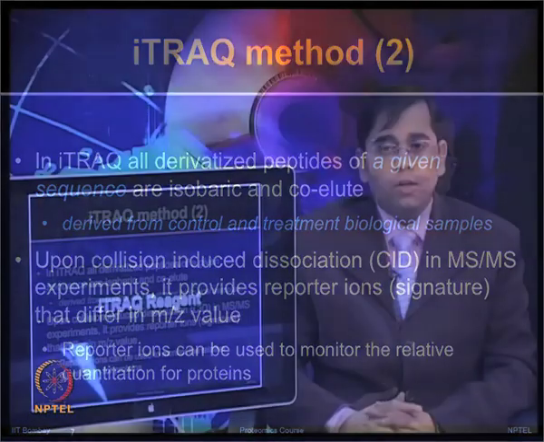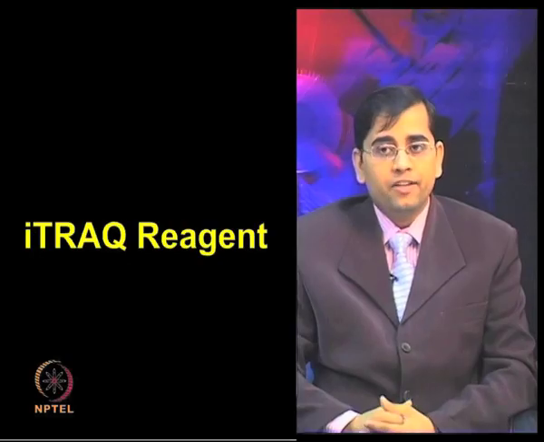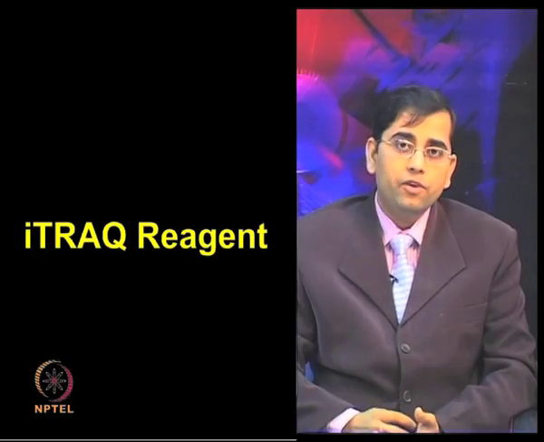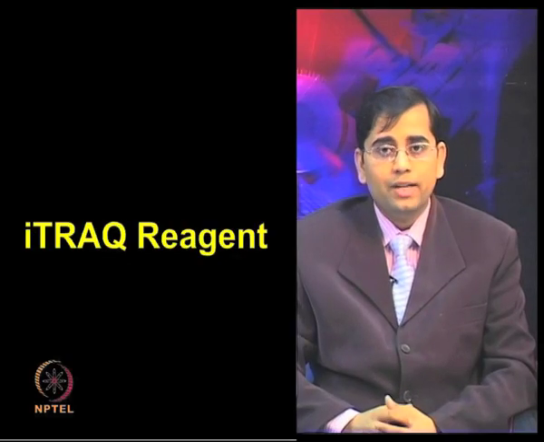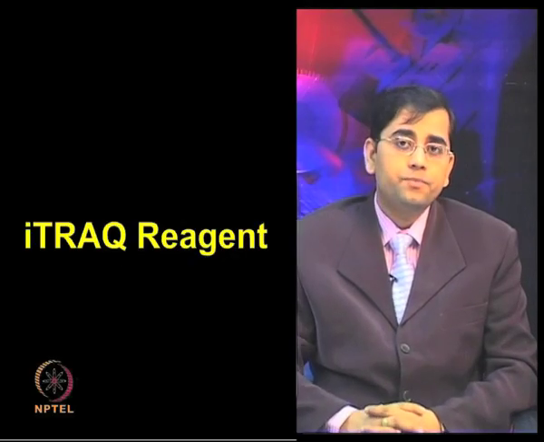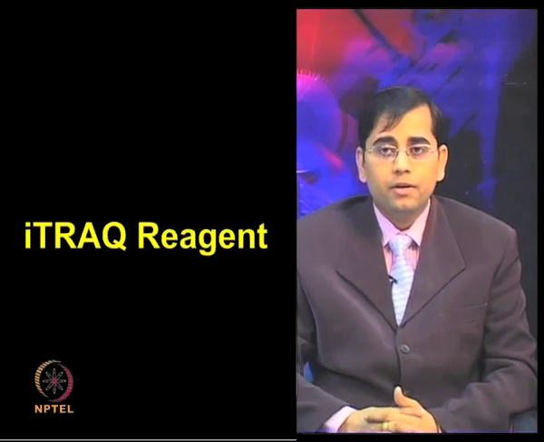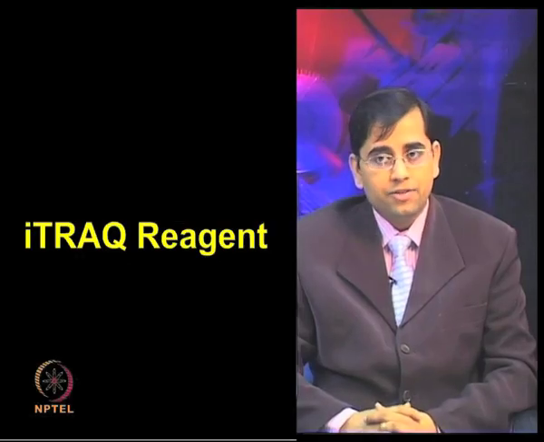Now, we will discuss the iTRAQ reagent. There is a set of 4 isobaric amine specific labeling reagents: 114, 115, 116 or 117. The iTRAQ reagents consist of a reporter group, a balancer group and a peptide reactive group, PRG.